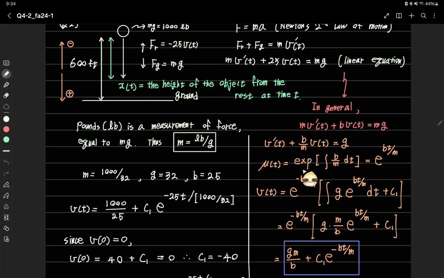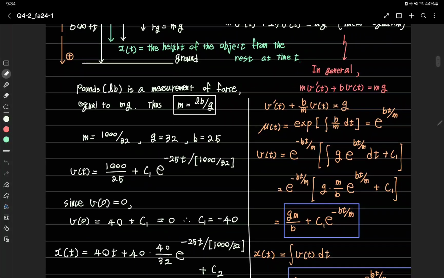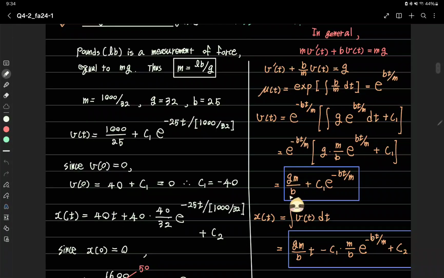So mu is going to be e to the integral of b over m, which turns out to be e to the bt over m. Then v of t is going to be 1 over mu times the integral of g times mu, plus c, let's say c sub 1.